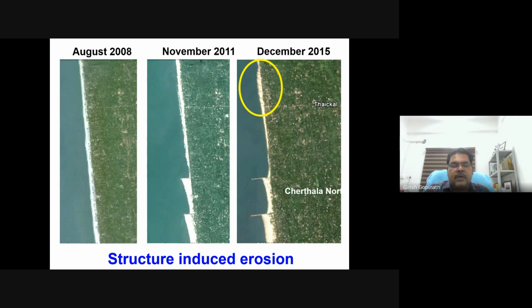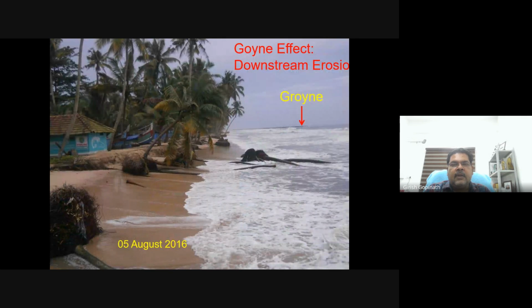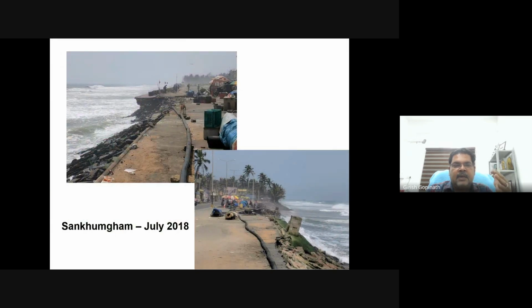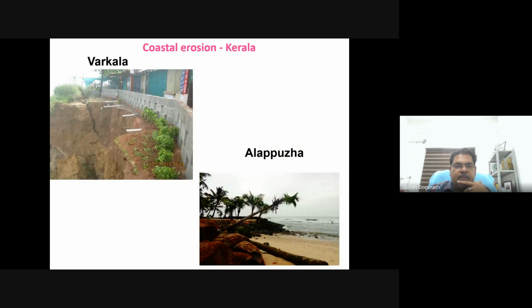That will also create structure-induced erosion. Anywhere in India, structures create a lot of erosion. You can see the growing effect on the downstream part in Kerala. In the southern part of Kerala, drastic erosion has happened.